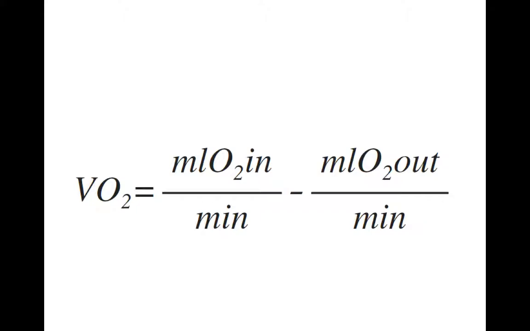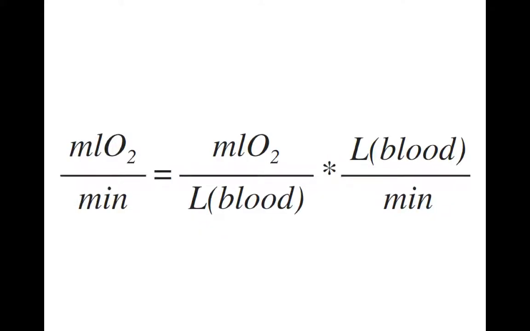How much oxygen is in every bit of blood? And how much blood is going through the tissue, since our oxygen is dissolved in blood. So the two things we need to know: how many liters of blood are going through the tissue per minute, and how many milliliters of oxygen are in 1 liter of blood.